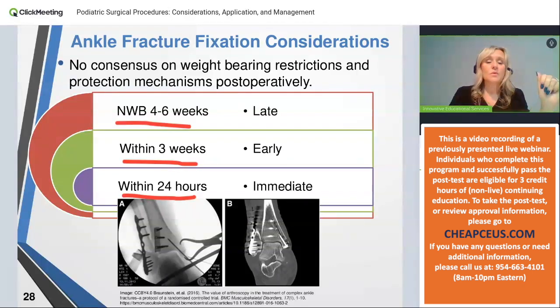Most commonly, what we're seeing for early weight bearing is about the 2 week time period where the patient is able to start putting weight. You're obviously going to follow the protocol for the surgeon. And the reason that needs to happen is because there are so many different stabilizations that can be occurring and concurrent procedures that can be happening.